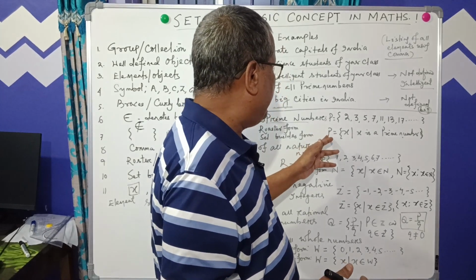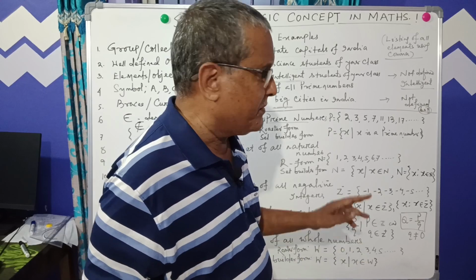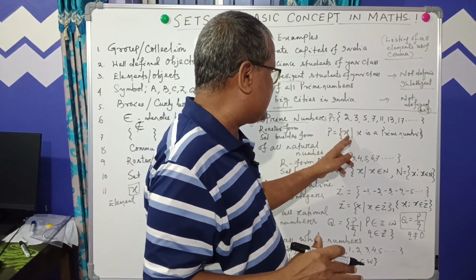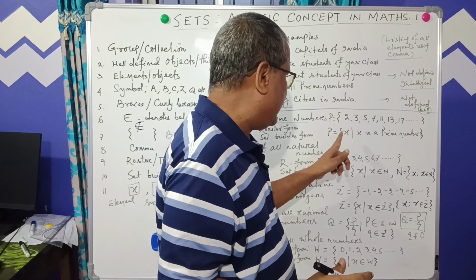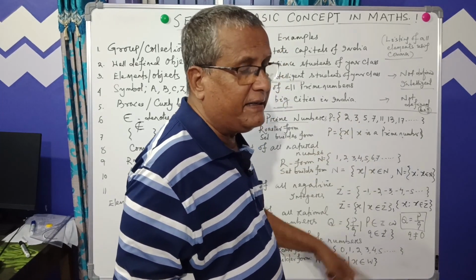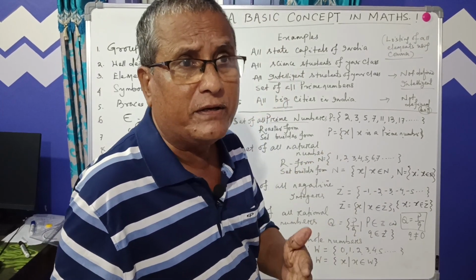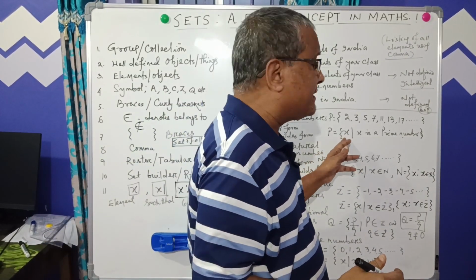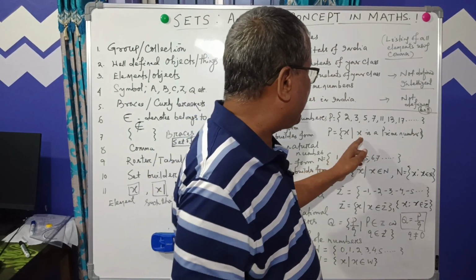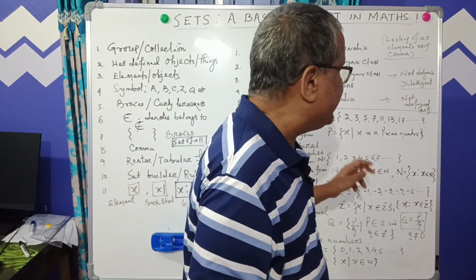Now P is a set of prime numbers, denoted by the symbol capital P equal to x, where x is an element of that set such that, this bar indicates such that, the property or the nature or character of that element: x is a prime number. So all prime numbers are the elements of this set.